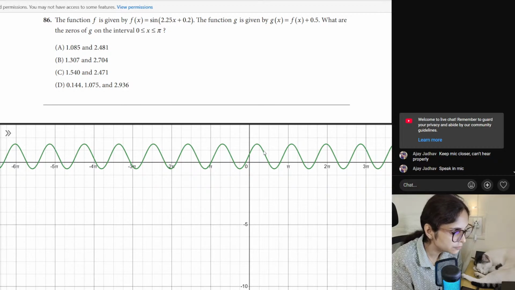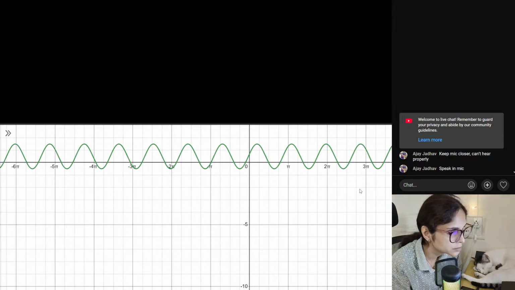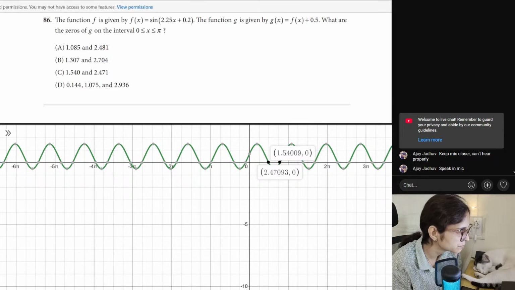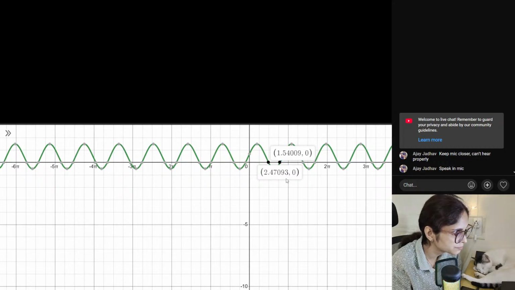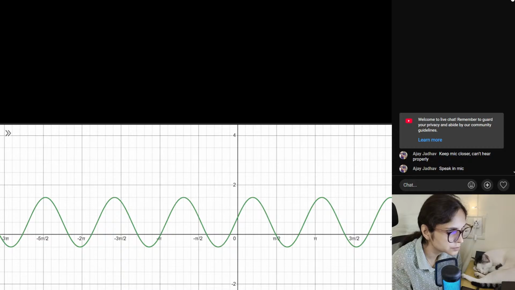So this is the graph. Now what are the zeros of g on the interval 0 to pi? So this is from 0 to pi, 1.54 and 2.47. These are the zeros. 1.54 and 2.47, option C. Got it? If you want, I can make the graph bigger and you can see it here.